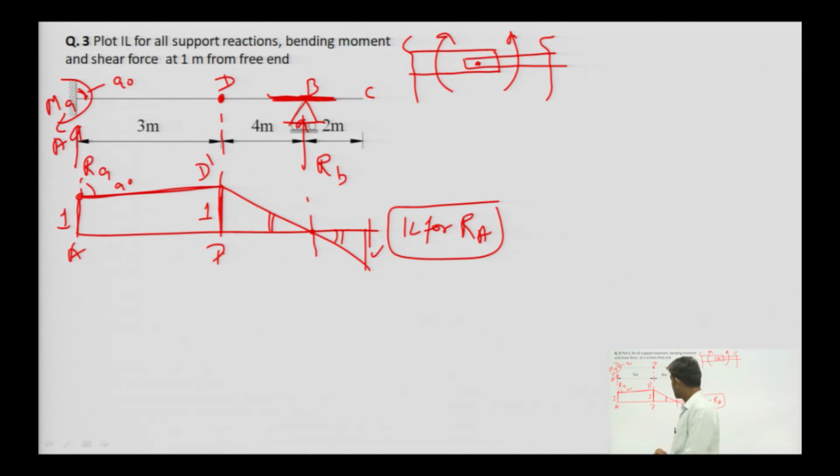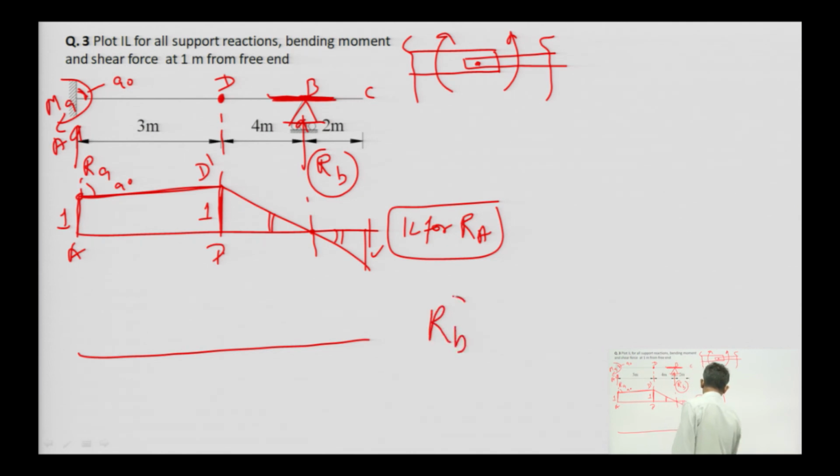Okay. Similarly, the IL for RB can be plotted in similar manner. What we need to do? We need to provide unit displacement. Okay. This is point D, this is fixed. Unit displacement here.